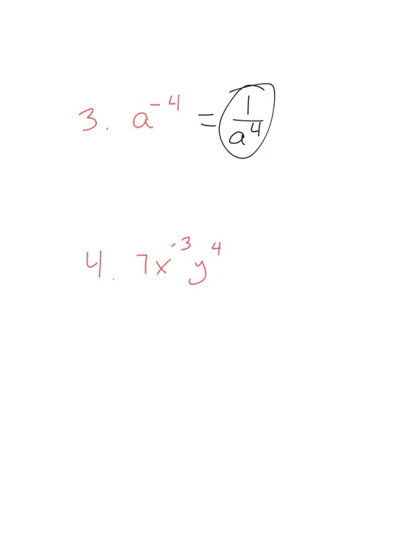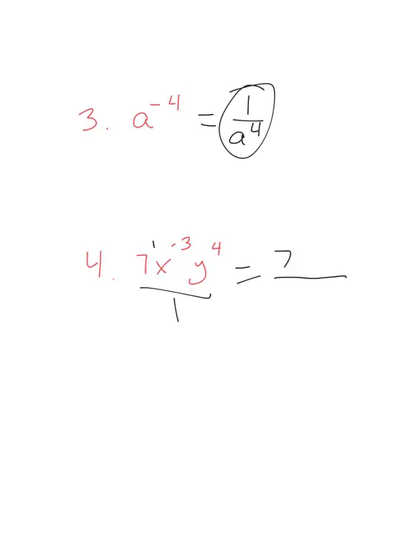Our second one, we have a few different things here. We have 7, which is 7 to the first power, x to the negative third, and y to the fourth. So if I'm doing this, make a fraction here, the 7 stays on top. We're not moving the 7 because there's no negative exponent.